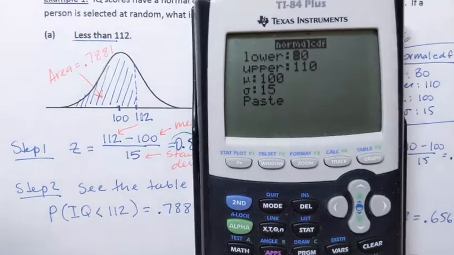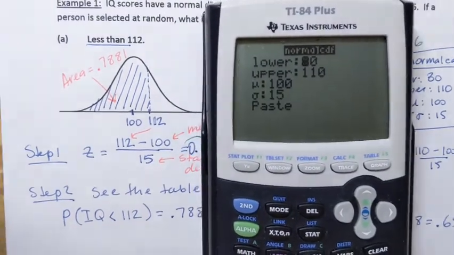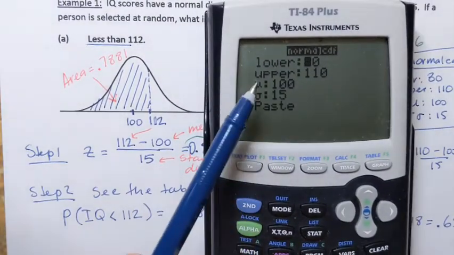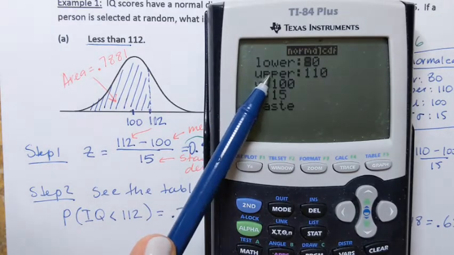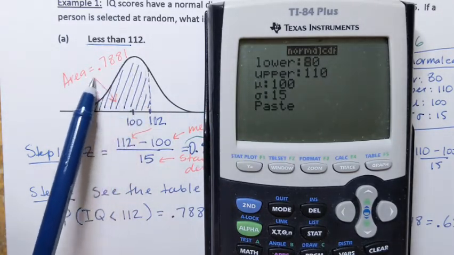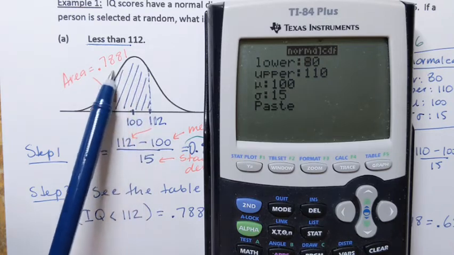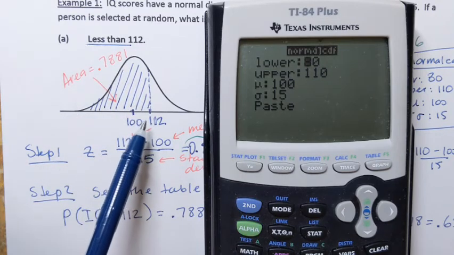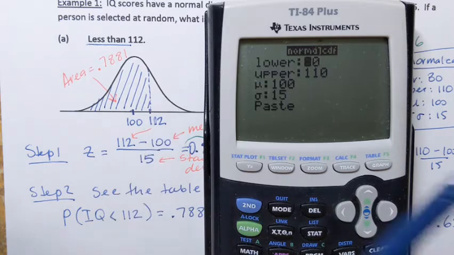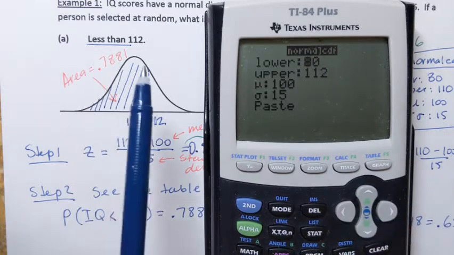Let's see what numbers we should enter now. Well, we need to enter lower and upper boundaries for the region that we highlighted, for the region for which we need to find the area. Now, as I look at this region, I can see that its upper boundary is 112. So I'm going to enter 112 over here. But what about the lower boundary?